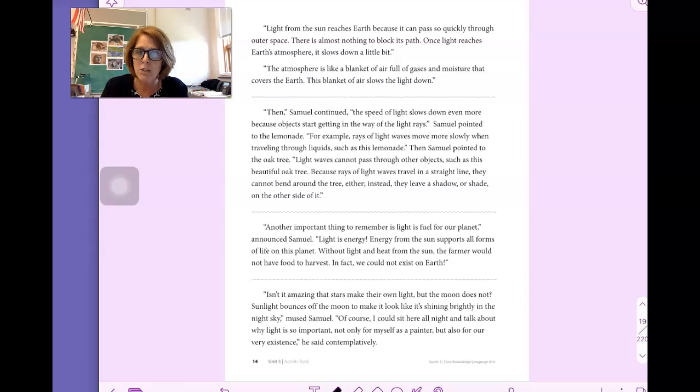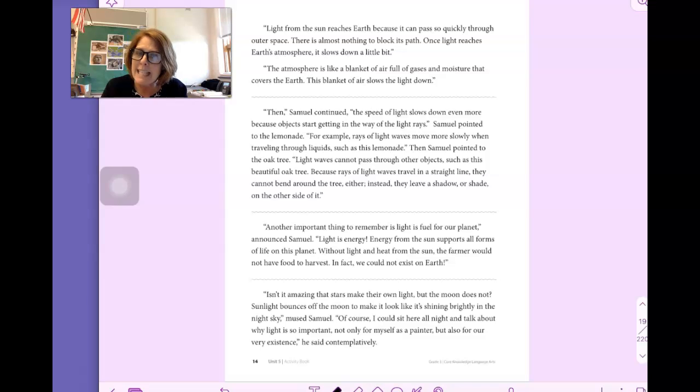Another important thing to remember is light is fuel for our planet, announced Samuel. Light is energy. Energy from the sun supports all forms of life on this planet. Without light and heat from the sun, the farmer would not have food to harvest. In fact, we could not exist on Earth.